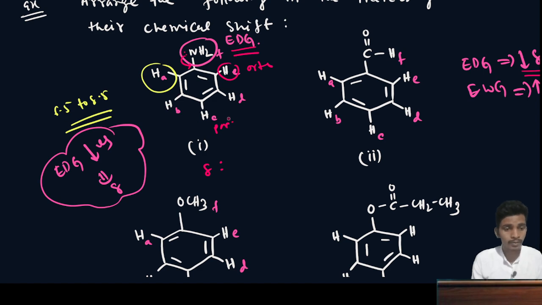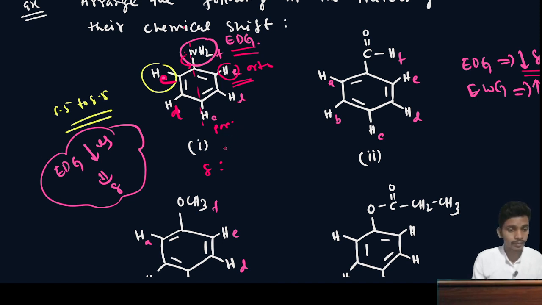If you apply the plane of symmetry here, then this E also becomes E, and this D also becomes D. So electron density is coming to the ortho and para. Experimentally it is found that ortho will get the higher electron density because it is nearer also.